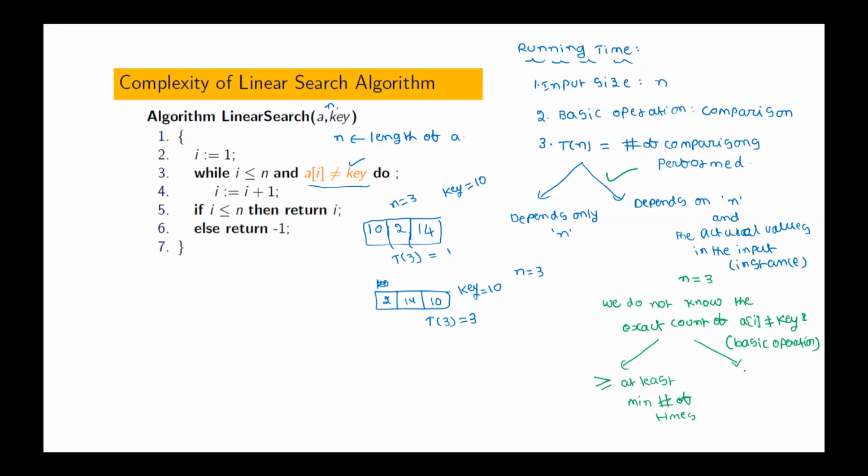We can say the maximum number of times it is performed. At least we can say that, no? If n is input size, what is the minimum number of times the basic operation is performed? That value we can calculate now.